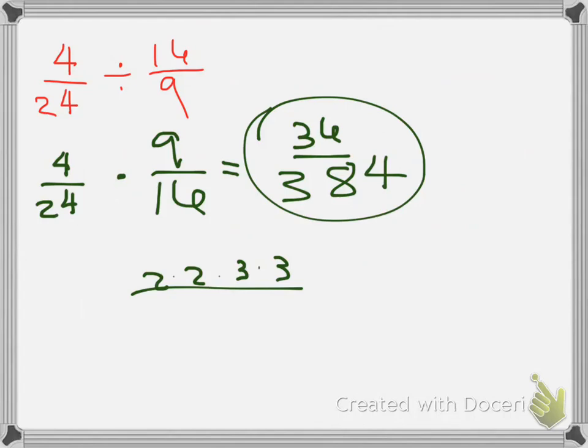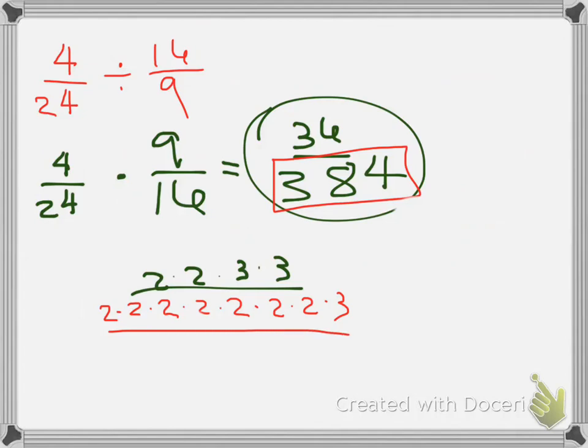The 384, though, is going to be a real pain in the neck to break down into its prime factors. So, you know, you've done this before, where you take 384 and you break it down into your tree. And anyway, I will just turn the recording off for a minute, figure out what the prime factors are, and write them down for you real quick.